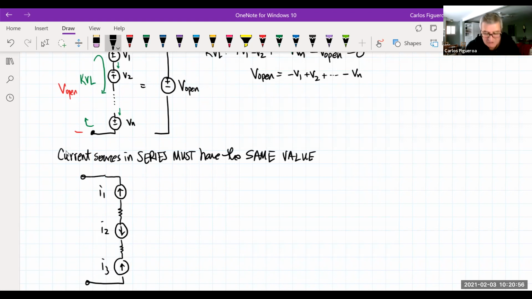These current sources, I1, must then be equal to minus I2, which must be equal to I3.